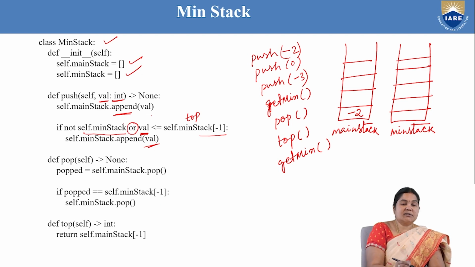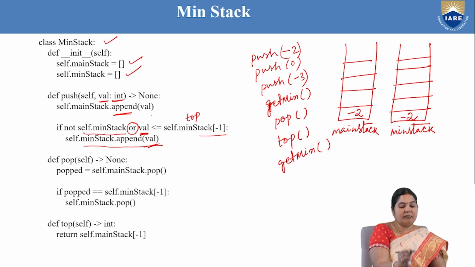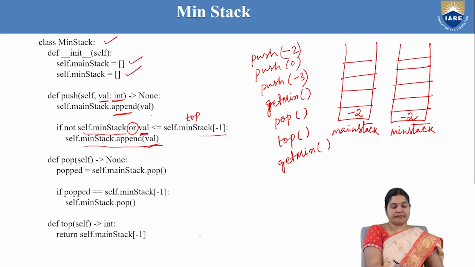So out of these two conditions separated by OR, if any one condition is true, then the if condition is true. Here, if not self dot min stack, means min stack is not having any values. Yes, it is not having any values. So first time you have done a push operation into the main stack, then we'll append this element into the min stack also. So min stack dot append of that value, we did it.